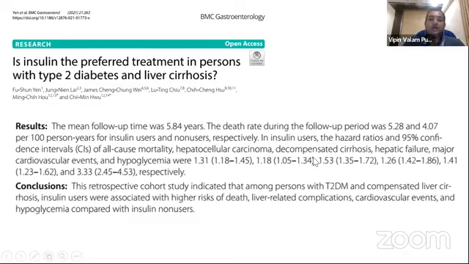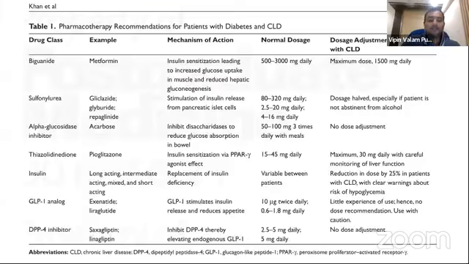So you can see all the odds ratios here, which are all significant for insulin users versus non-insulin users. So it is not a fair idea to use insulin in a patient who is having a liver disease and diabetes mellitus with a preserved liver function. That is where the newer agents like an SGLT2 inhibitor, GLP-1 receptor agonist, and our grand old metformin still are important agents to prevent all these things.